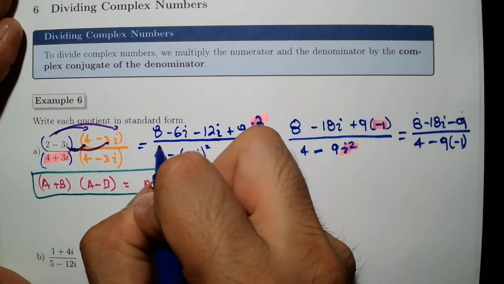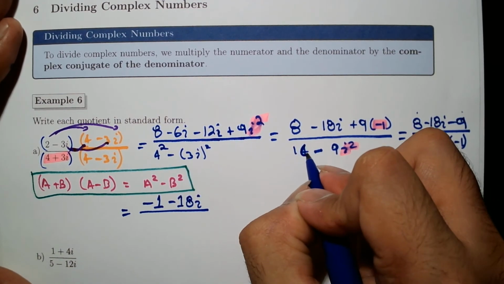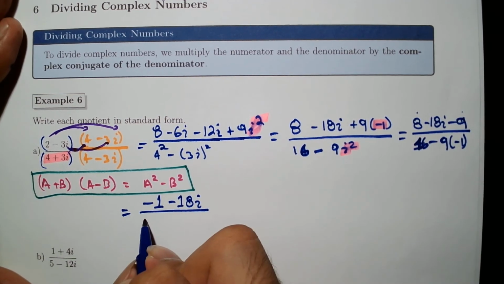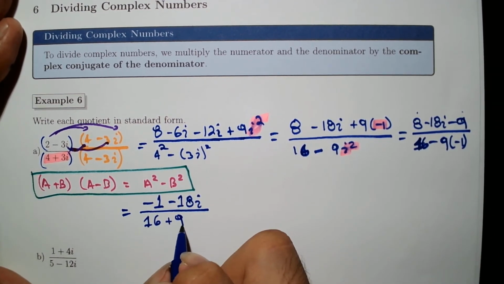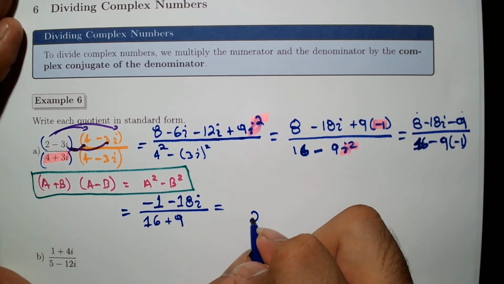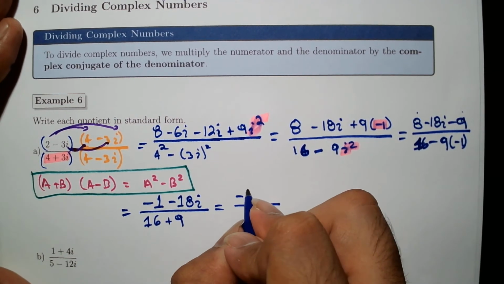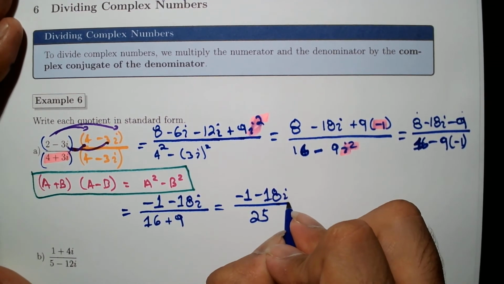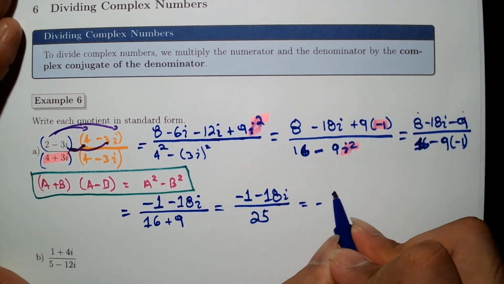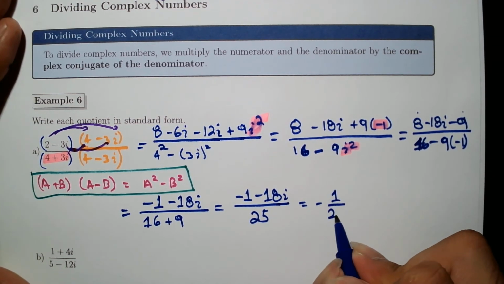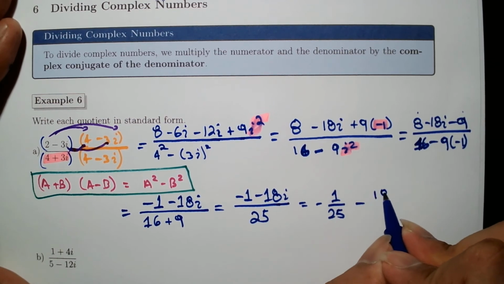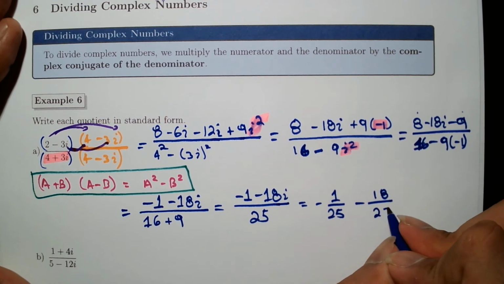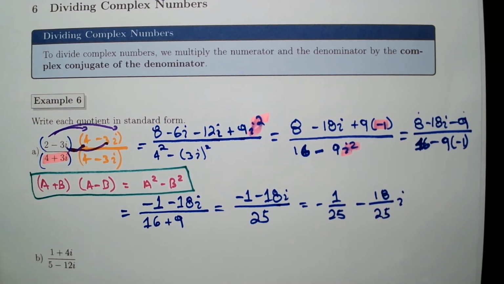By the way, I forgot to square this, so that should be a 16. 16 plus 9, so that's a 25 in the denominator. However, in this case, we need to write this in standard form. That is negative 1 over 25 minus 18 over 25 i.